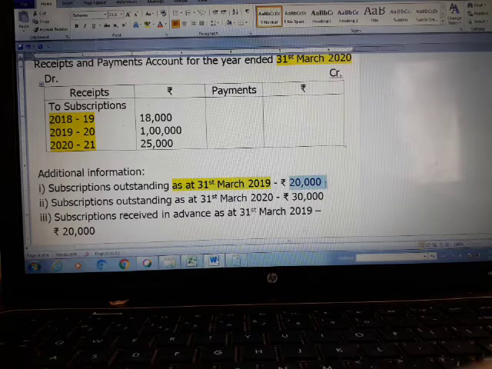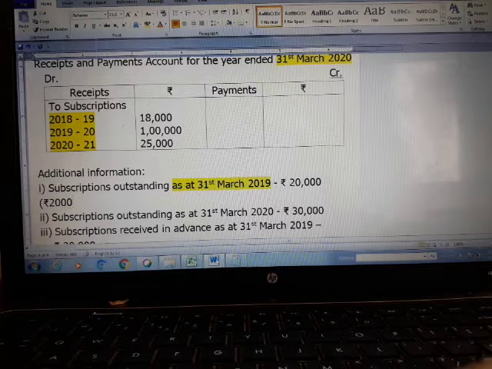Out of this 20,000, how much did you receive for the year 18-19? You got 18,000. That means you are yet to receive an amount of rupees 2,000. Am I right?